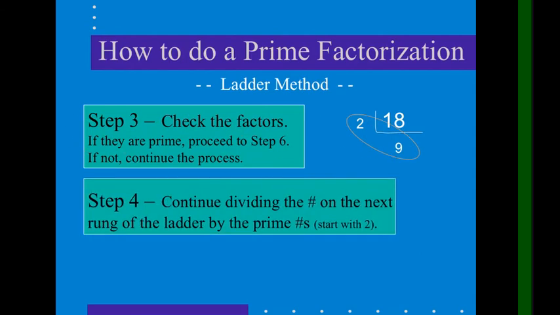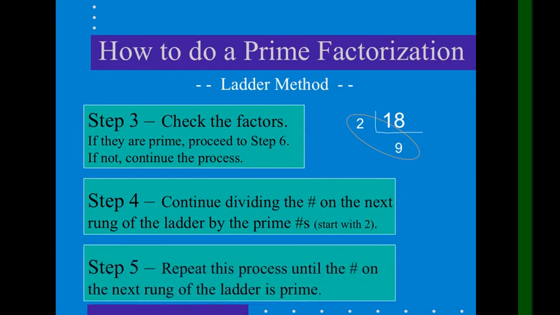So continue dividing the number on the next rung of the ladder by the prime number start with 2. And then step 5, repeat this process until the number on the next rung of the ladder is prime. So parang continuous lang siya hanggat hindi natin nakukuha yung answer natin dito sa ilalim na prime number, hindi tayo titigil.